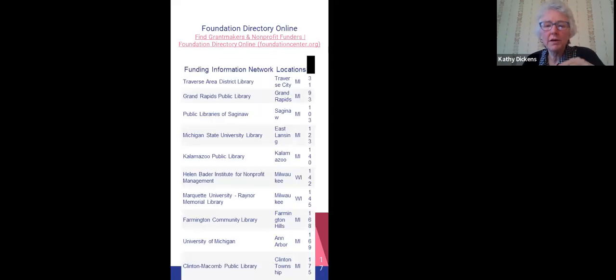So here's another tip. I've used this quite a bit. It's called the Foundation Directory Online. This comes with a caveat. If you're looking for grants from governmental agencies, go to grants.gov.